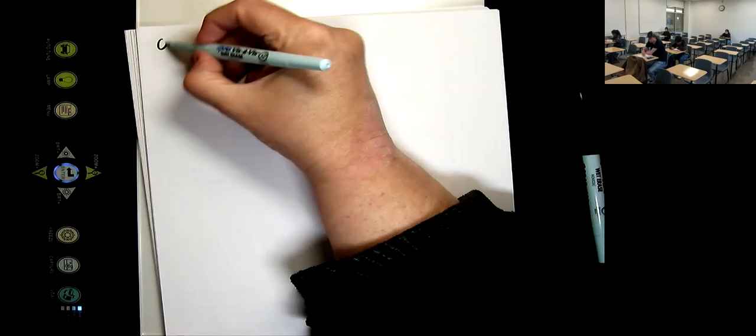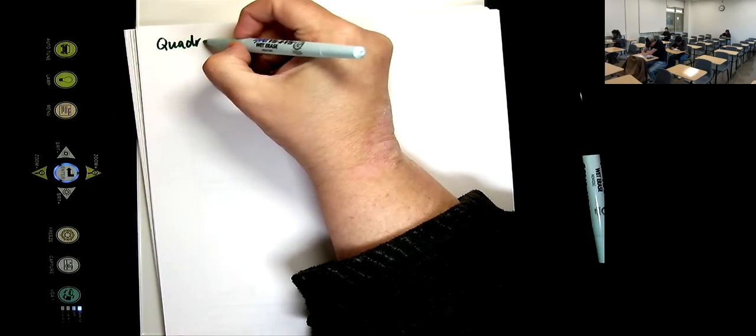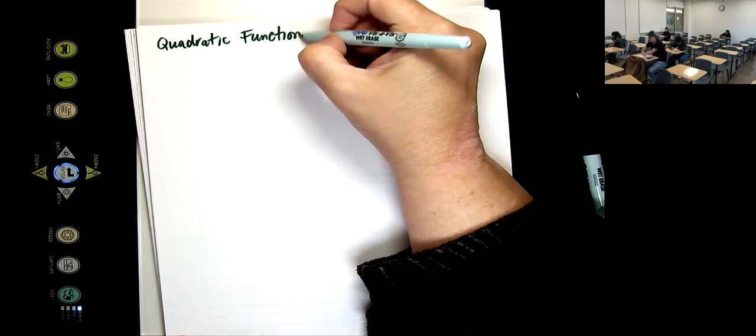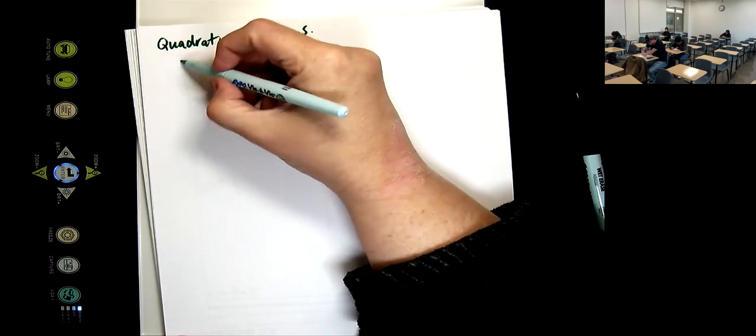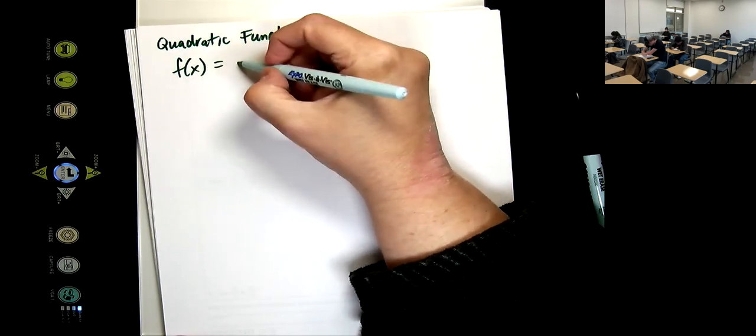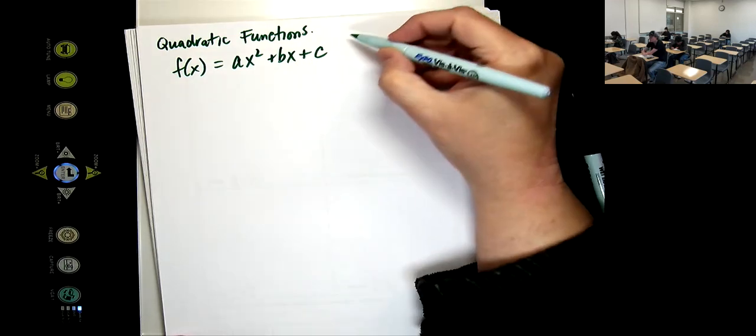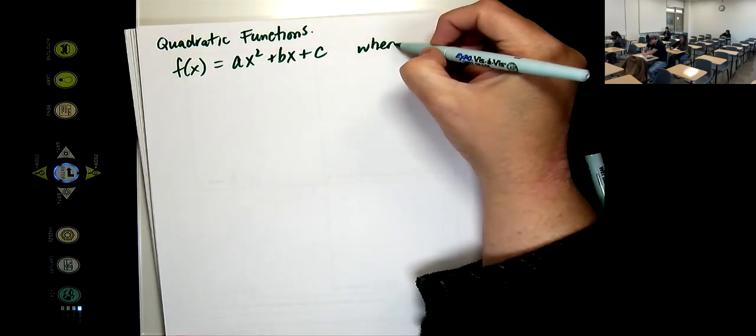So in this first section, 3.1, we're focusing on quadratic functions, which come in the form f of x equals ax squared plus bx plus c, where a does not equal 0.